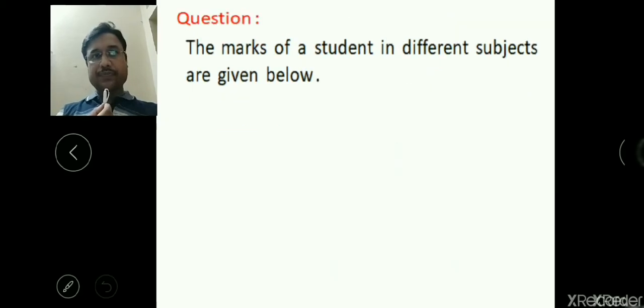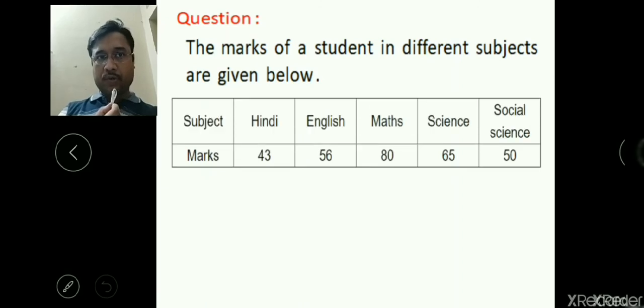So now you have to understand this question. The marks of a student in different subjects are given below. You can see this tabular data showing the numerical value of the marks in different subjects.